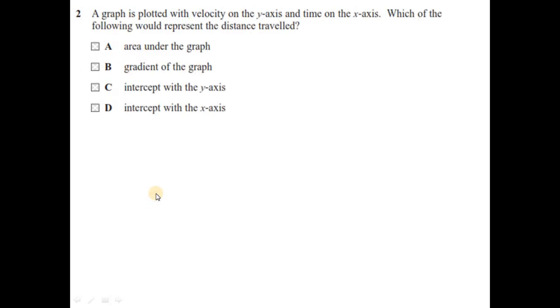A graph is plotted with the velocity on the y-axis and the time on the x-axis. Which of the following would represent the distance traveled? Whatever the shape of the graph between velocity and time, it may be a curve or maybe a straight line, it depends on the types of motion.